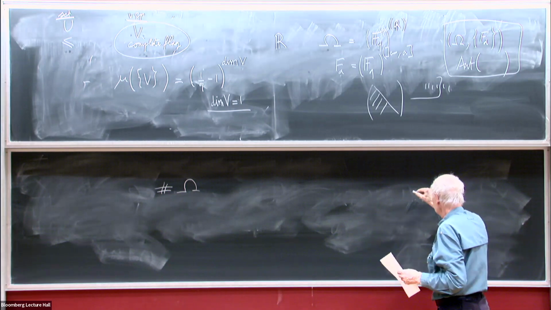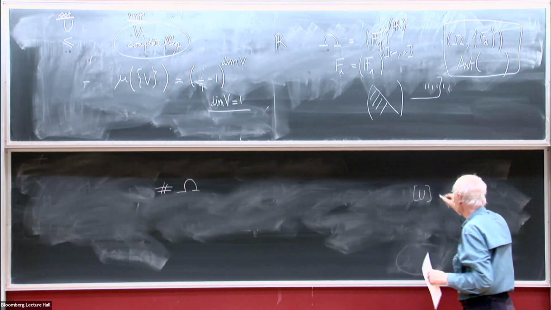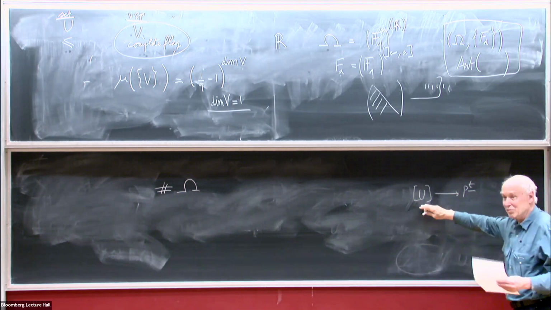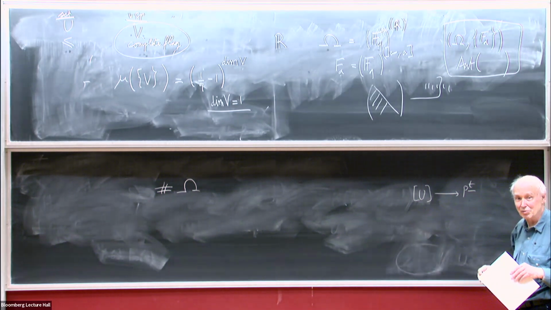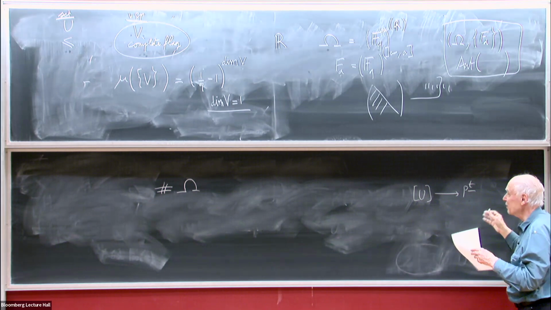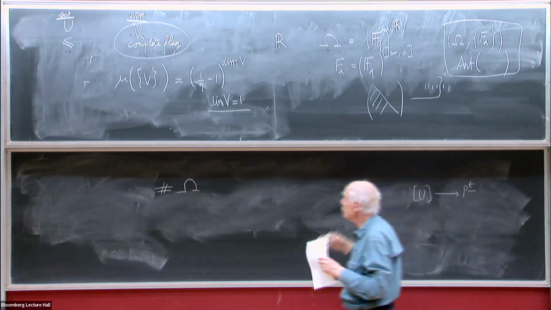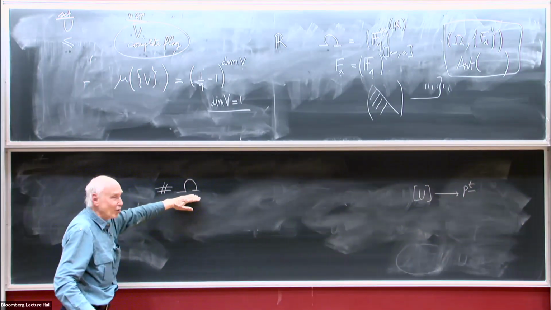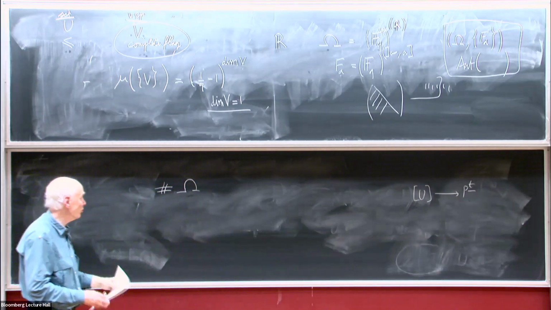But if I take just some orbit, I can map it to a point, and the fiber is the orbit itself. That's what I will call the measure of this orbit. And often one can recover one from the other. So here I am just going to consider what I want to call the number of elements of omega, or of omega minus the zero element.